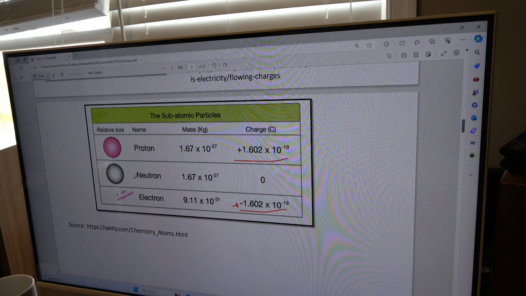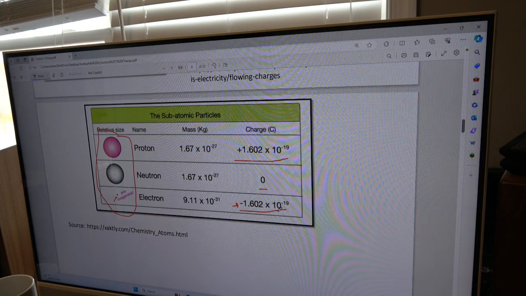The neutron in an atom, we don't need to worry about neutrons. They don't have any charge at all. They're neutral. And of note, look at the size comparisons by virtue of mass. The electron is very, very tiny, much tinier than that. We had to draw something there, compared to the relative sizes of protons and neutrons.